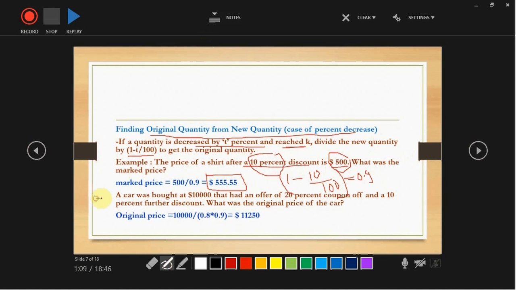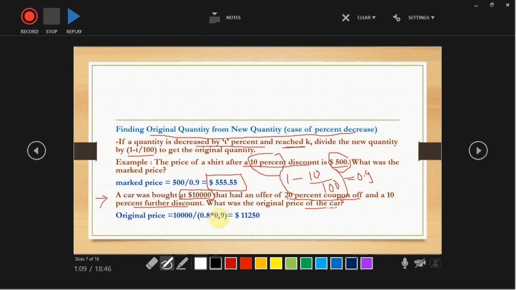So this can be extended to multiple reductions. For example, a car was bought at $10,000. This is the quantity after reduction, the new quantity, that had an offer of 20% coupon off. Means there was a 20% discount by using the coupon code and a 10% further discount. So there are two reductions. What was the original price of the car?